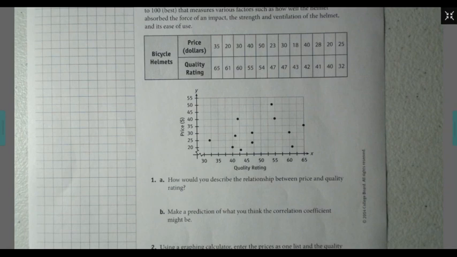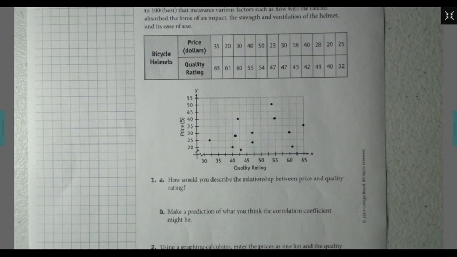The question first asks, how would you describe the relationship between price and quality rating? Does it appear to go up? Does it appear to go down? As one increases, does the other decrease? That's what we're looking for here.